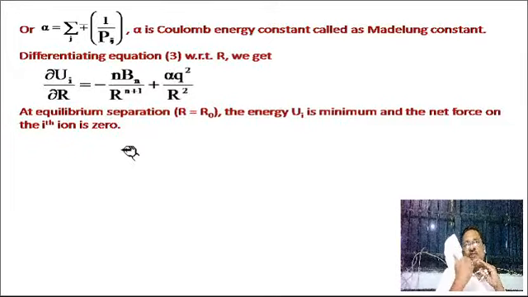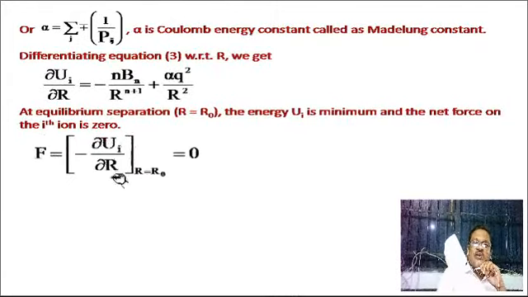Because at equilibrium separation, the magnitudes of attractive and repulsive forces are equal but the directions are opposite, and therefore the value of total force at equilibrium distance is 0. And therefore F is minus del Ui by del r, which is equal to 0 at equilibrium separation.